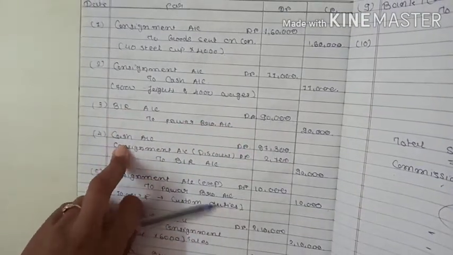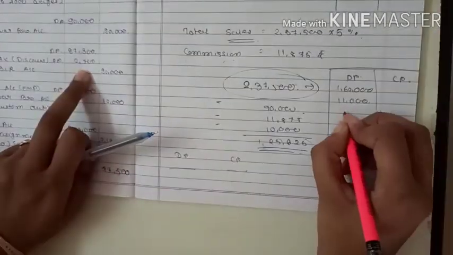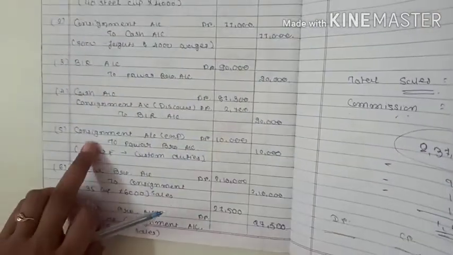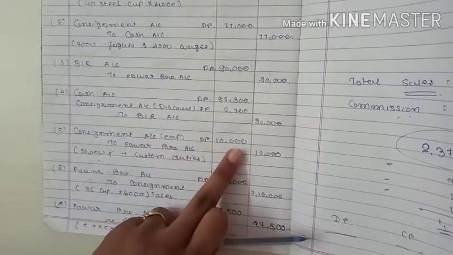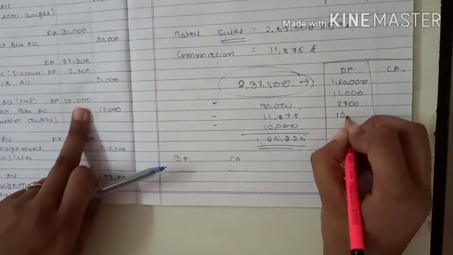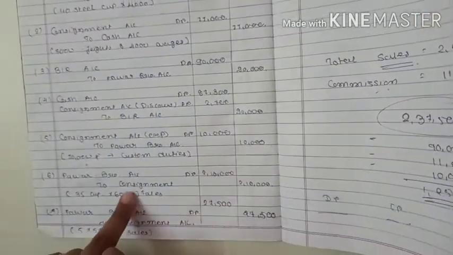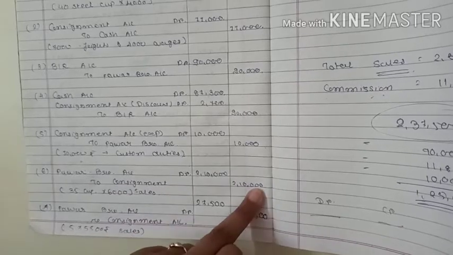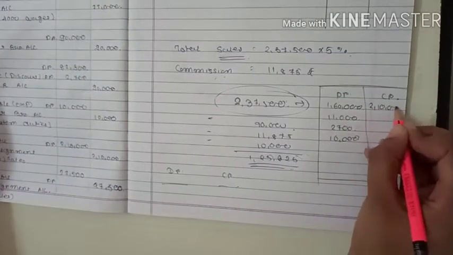In the fourth entry there is a consignment account debit of 2,700, so we will write 2,700 here. In the fifth entry consignment account debit of expenses 10,000, so we will write 10,000. Then in the sixth entry we get the consignment credit of 2,10,000, so we write it on the credit side.